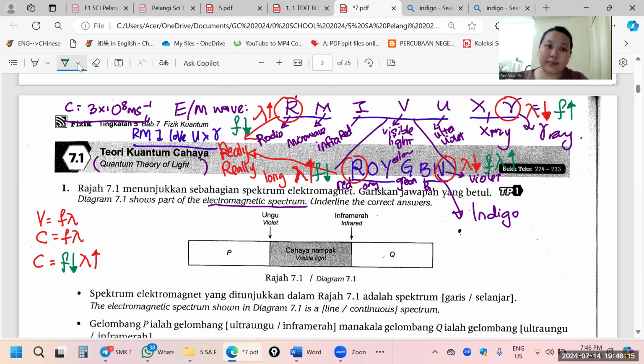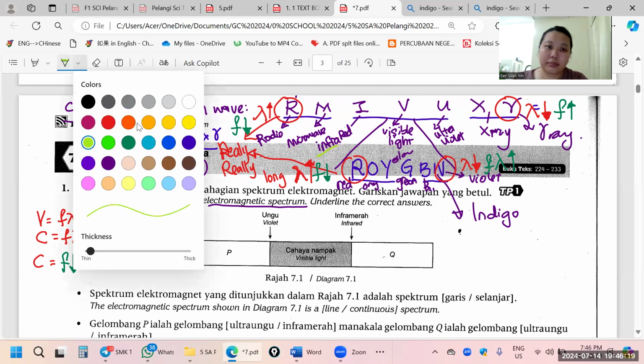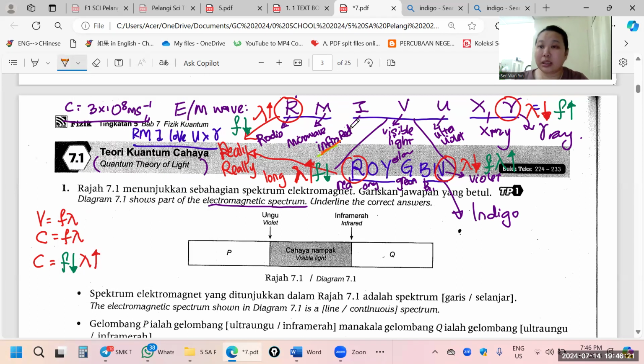Okay, that's why, what is infra? The meaning of infra actually means less than red. Infrared means this ray has a frequency less than red. Infra means less than.